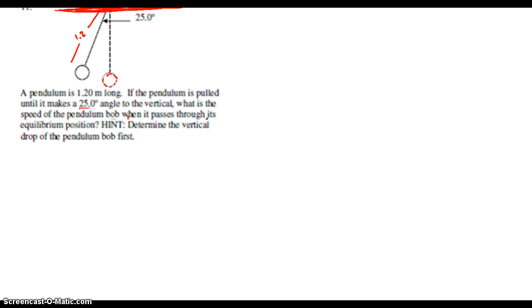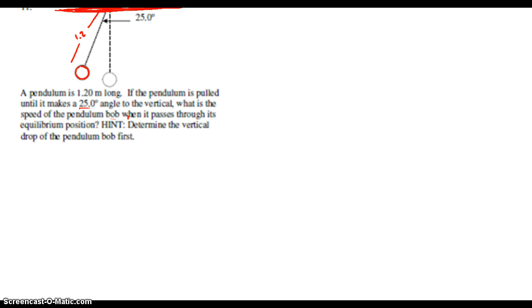Okay, so let's just think about what's happening right here. You're holding it right here with your hand, and all of a sudden you let it go, and it swings. So initially, what type of energy did it have? If you're holding it there, initially it had gravitational potential energy. And as soon as you let it go, that gets transferred into kinetic energy. It starts moving.